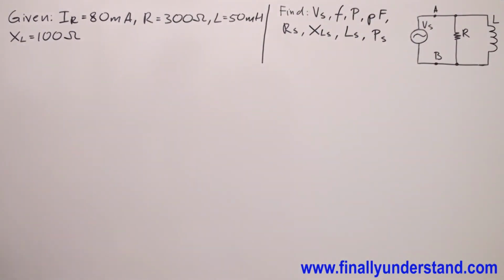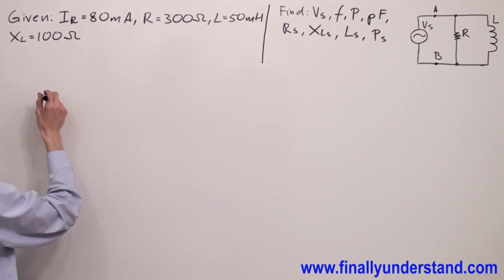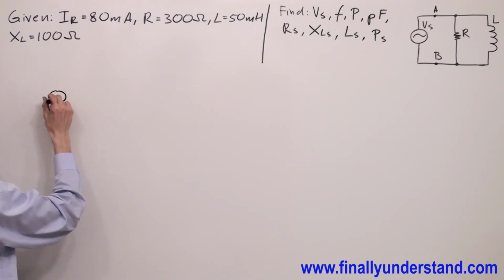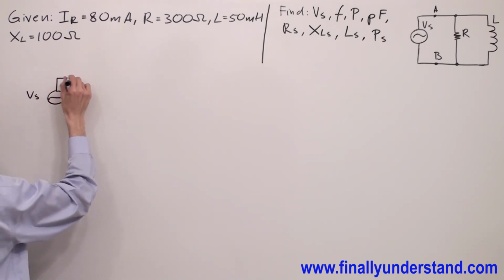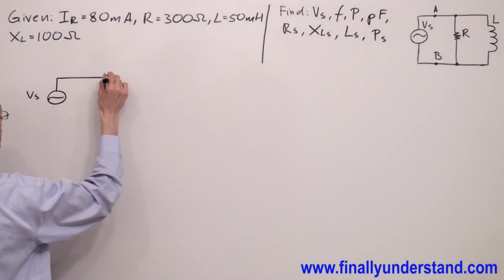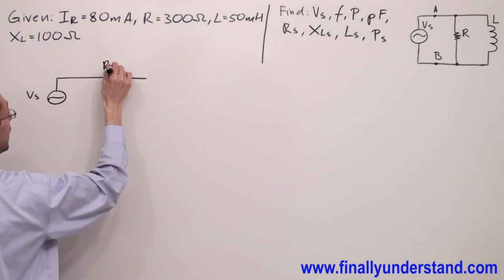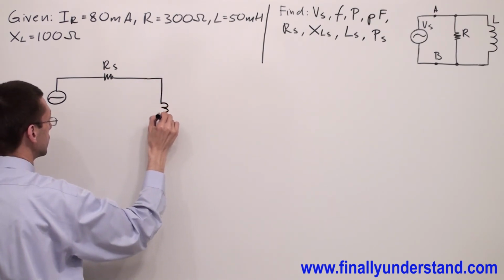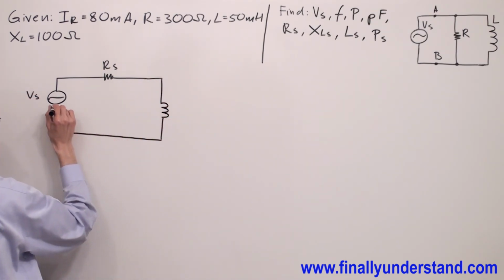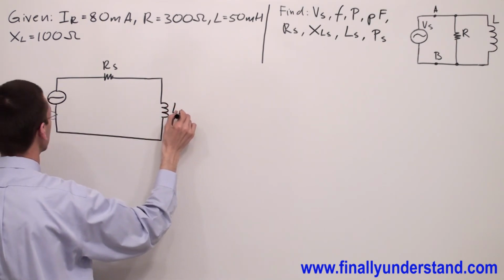Now we can draw the series equivalent circuit. I have the voltage source, I have Rs, and I have the inductor Ls.